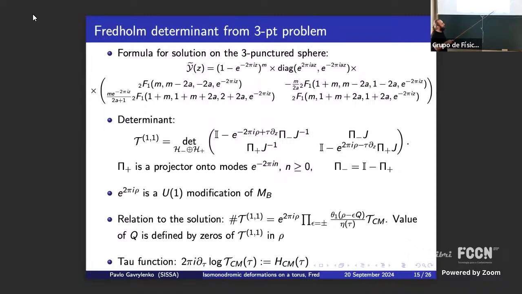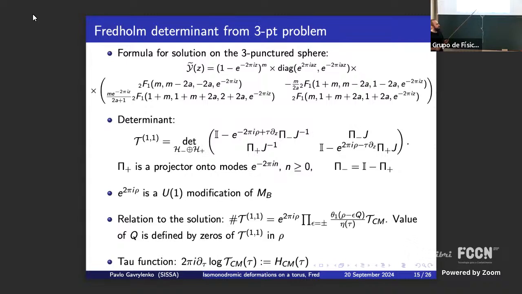And this tau function is defined by the condition that its logarithmic derivative is... So I see that here it's a problem on a torus.